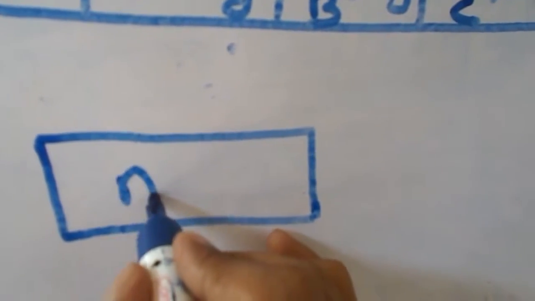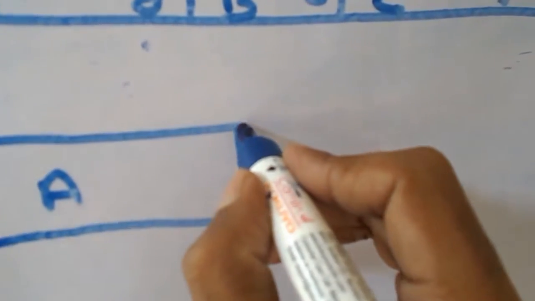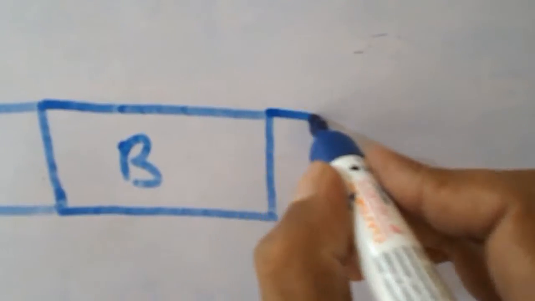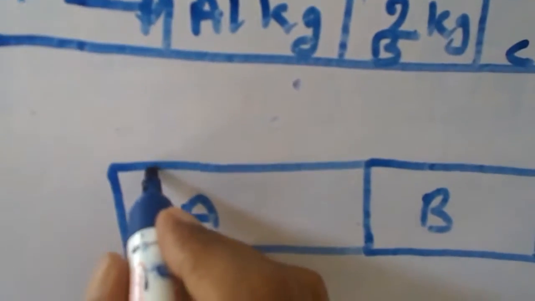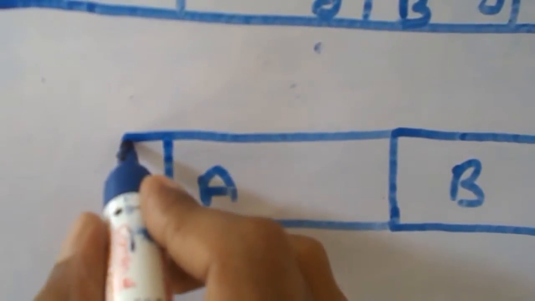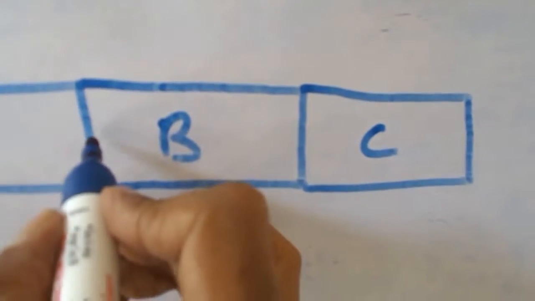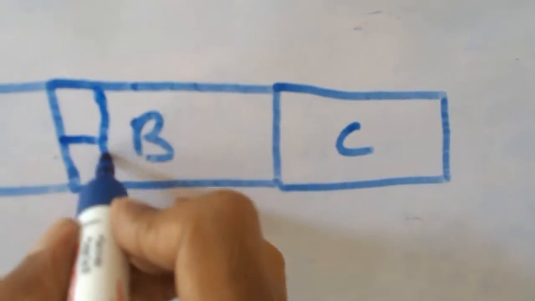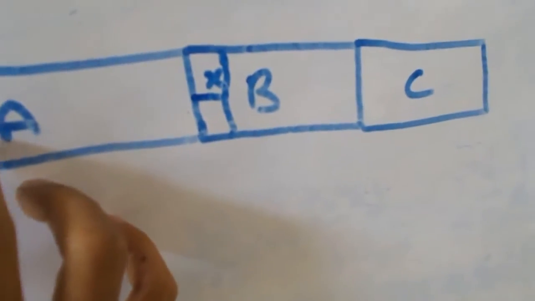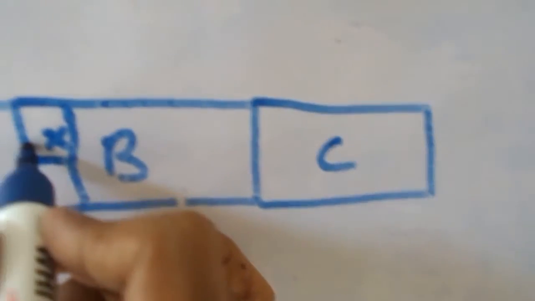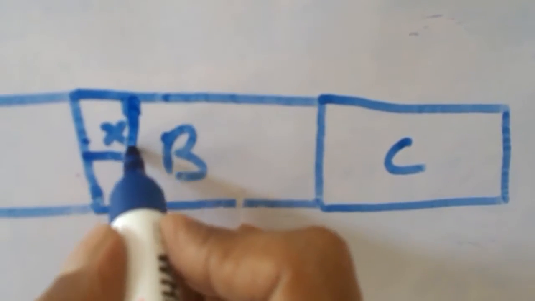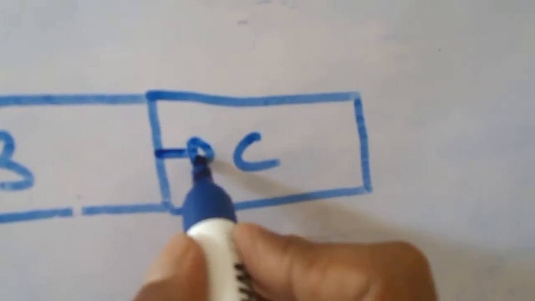This is my block A, and connected to it is block B, and this is connected to block C. Let me suppose this portion of the block has moved by element X. Due to geometry, this portion will also move by X. This portion of A will also move by X, and due to geometry this side of B will also move by X and reach here. Again, this will move by X and reach here.